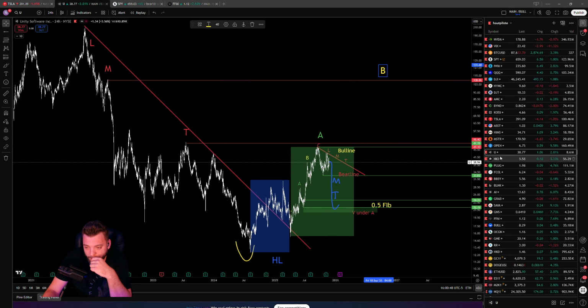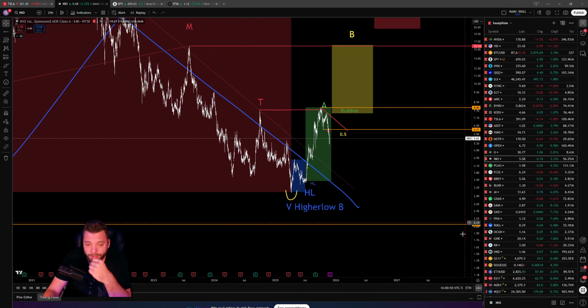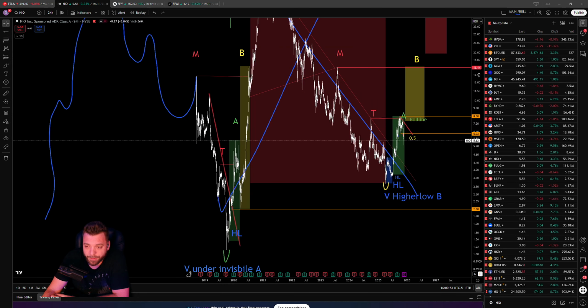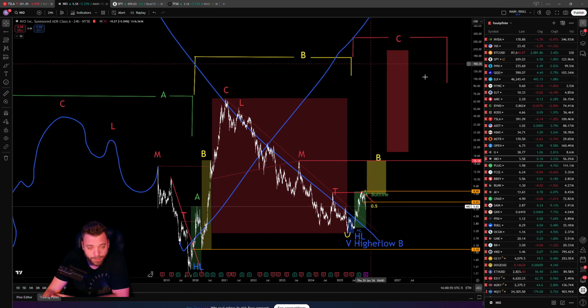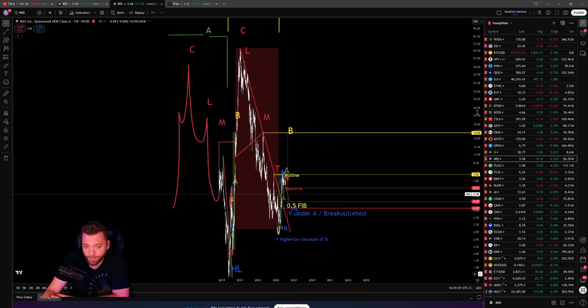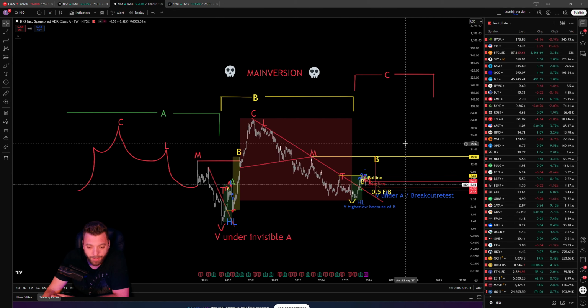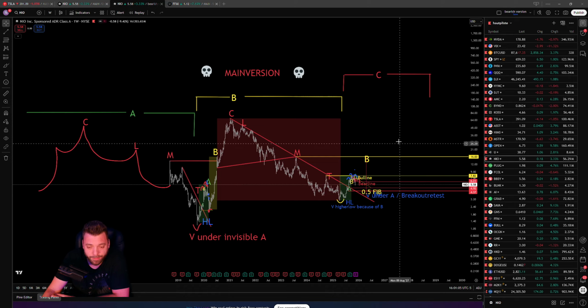Okay, so Neo, because we talked about this. So this was the bullish chart, but with the drop, this is absolutely dead already. So we only have the bearish, which is right now just the main version.